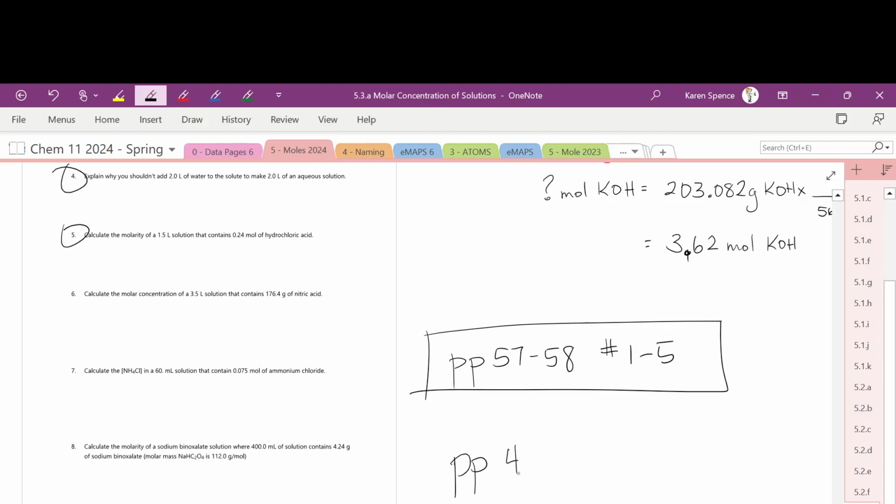Pages 47 to 54. What I would advise is that you do like every second or third question, because otherwise there's so many. So I'm either going to do this question, then skip one, and then this question and skip one, or I'll do this one and skip 2, and this one and skip 2.